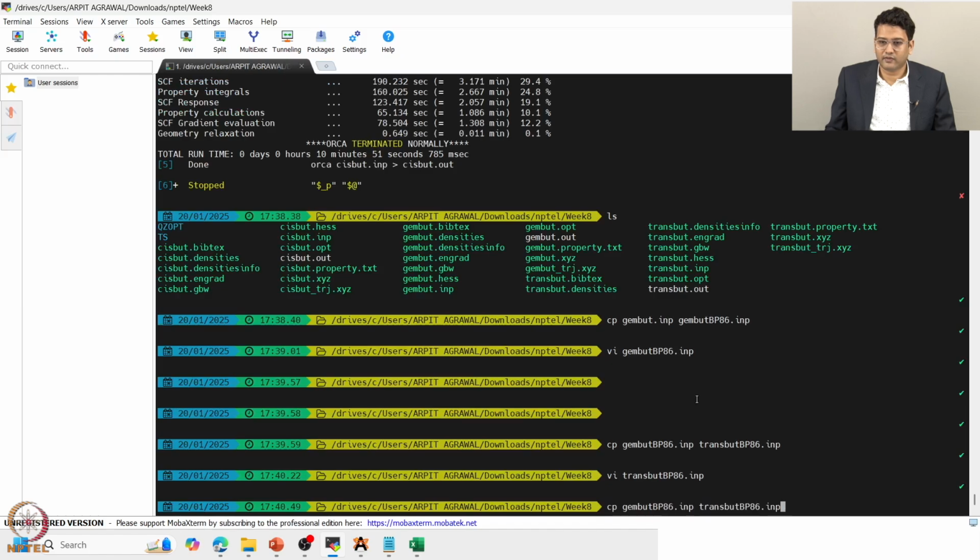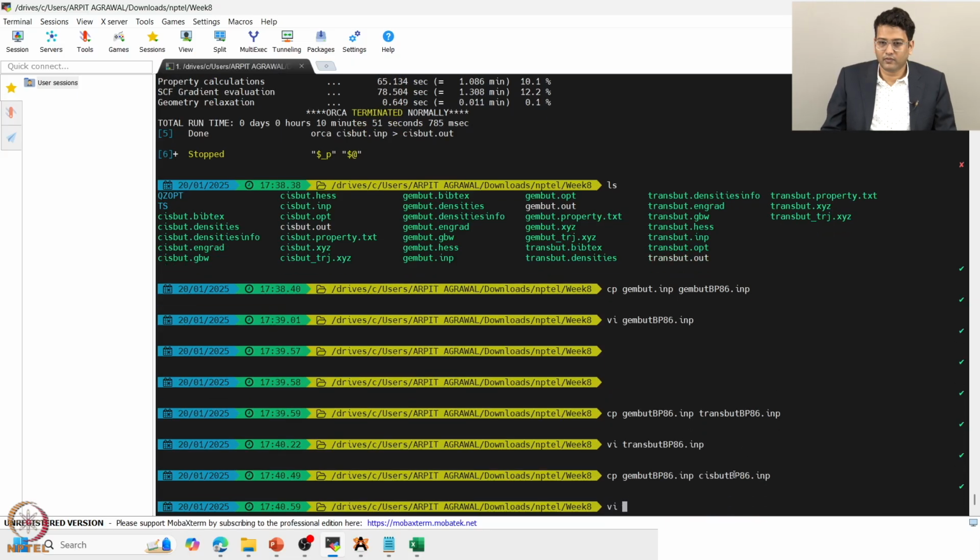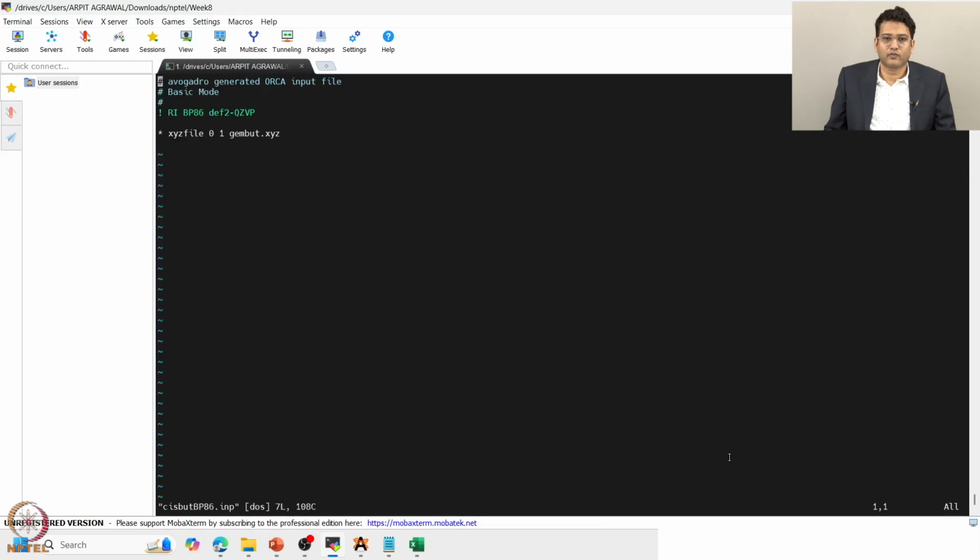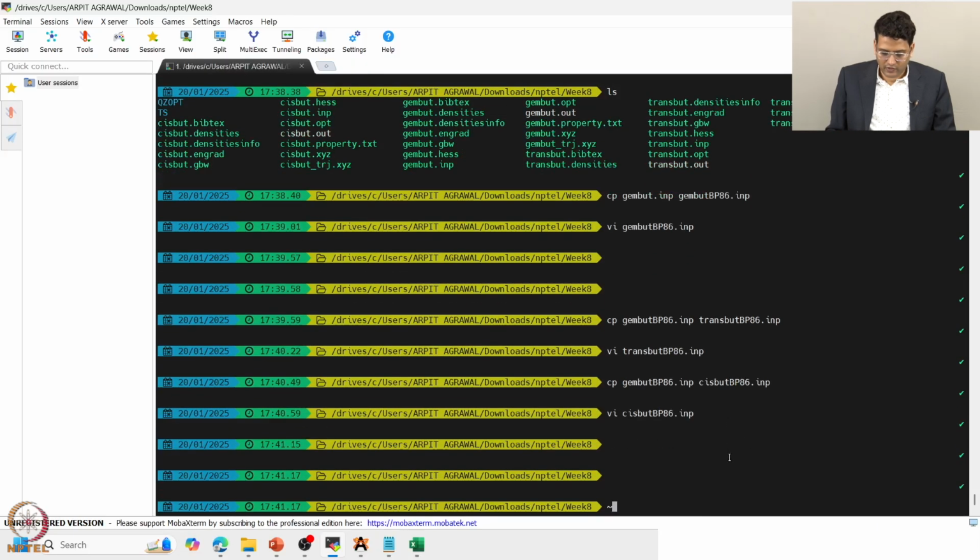And similarly, I can make a cis-but. I have to just change the name of the file. So I can run now the gembut86.out.